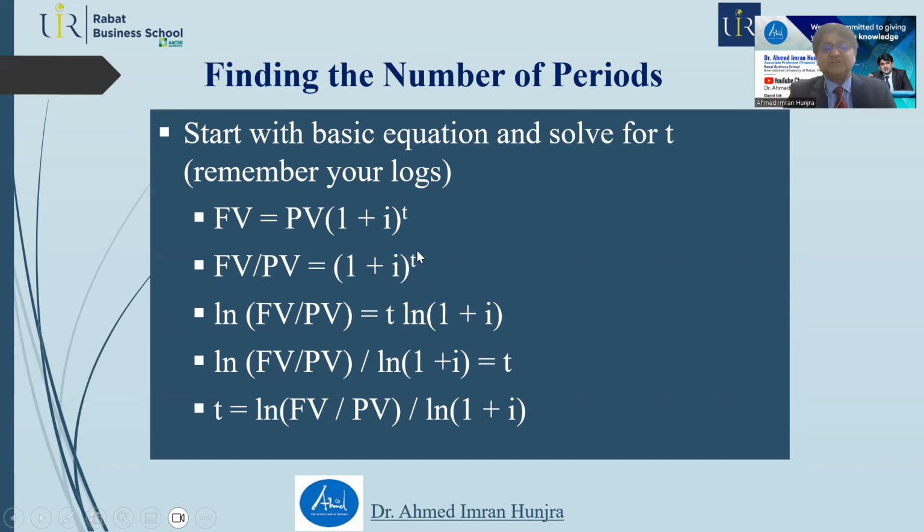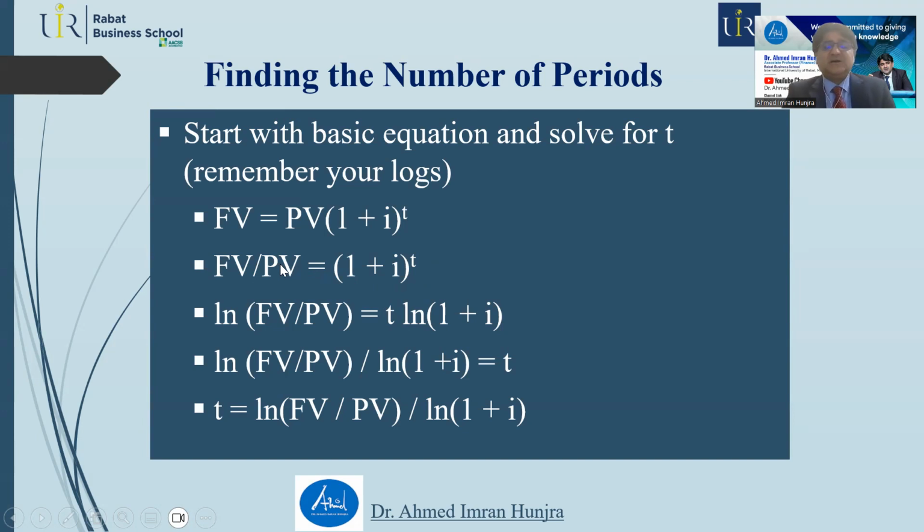Once we have a power and we need to find that component, we take the log function. This is a mathematical principle: if we take log, then the power can be converted to a coefficient. Why are we going to take log? Because we need to find t, and t is a power, so it will become a coefficient.